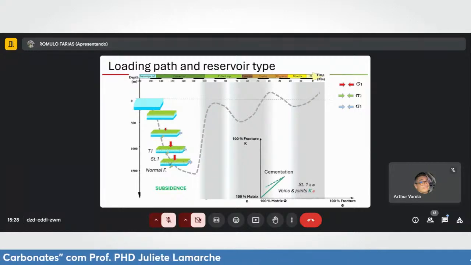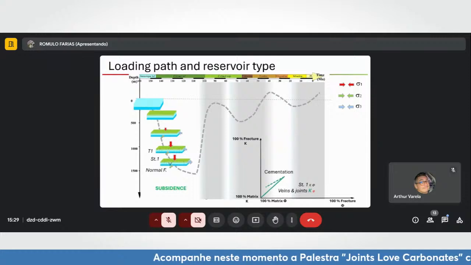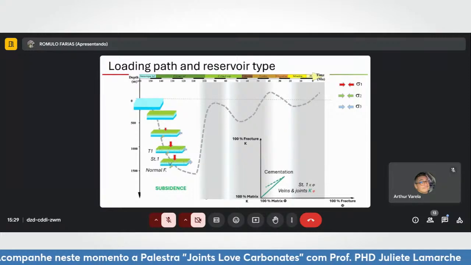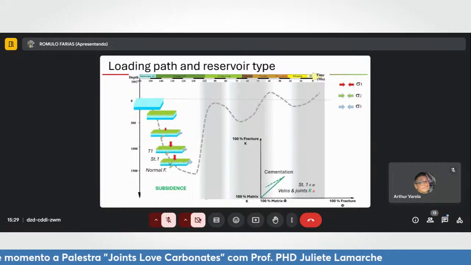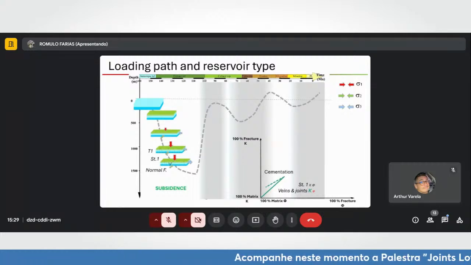So the permeability and porosity of fracture increased and immediately decreased because the fractures were cemented. The fluid from the stylolites went into the fractures, so we reduced the porosity. But we may have some remaining porosity in the fractures, so the permeability is not 0. So it comes back here.